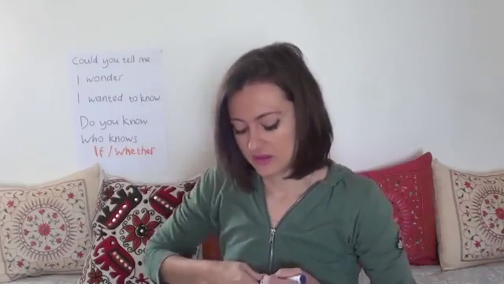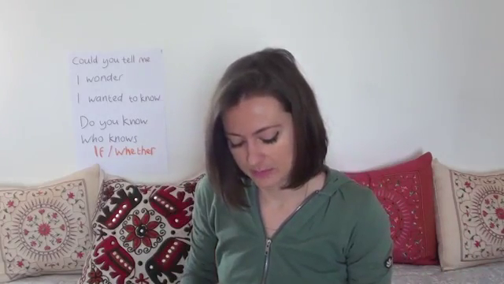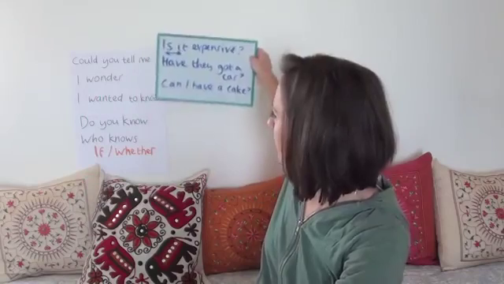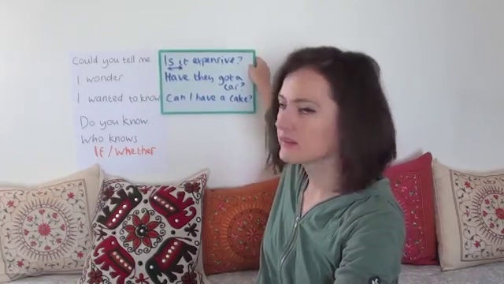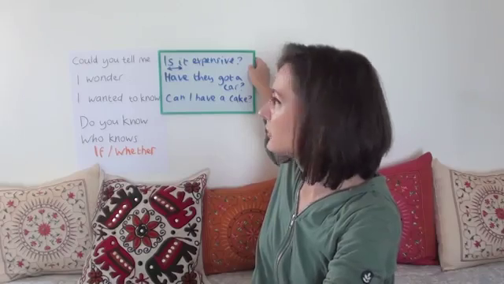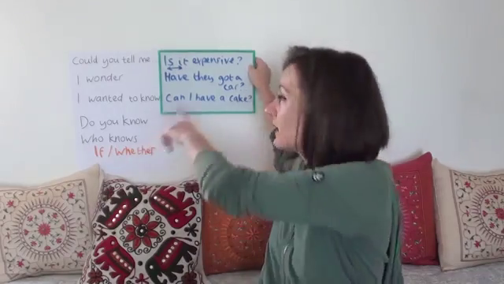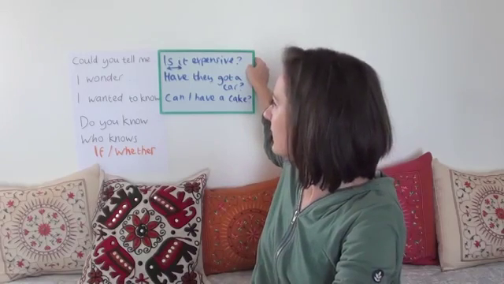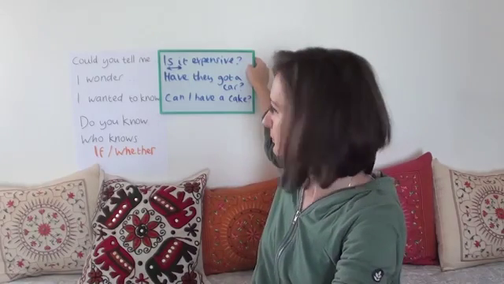So we have to swap again. We have to swap the position of the verb. So notice how the position of is has changed. It's not at the beginning of the question anymore over here. Could you tell me whether it is expensive?